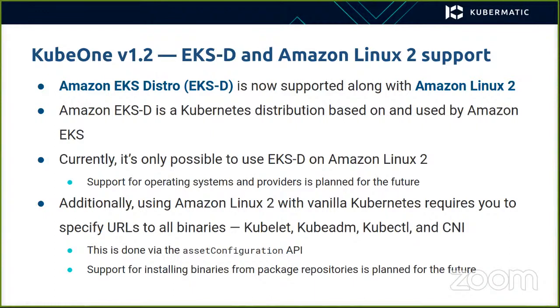Additionally, Amazon Linux 2 works with vanilla Kubernetes, but it requires you to specify URLs to all binaries, to kubelet, kubeadm, kubectl, and CNI in the KubeOne configuration manifest using the assets configuration API. This is something we are working on, including support for package managers, and we hope to have it in one of the future KubeOne releases.